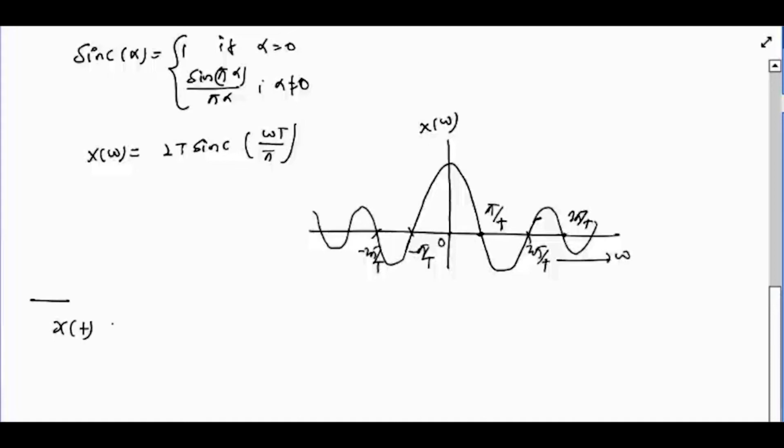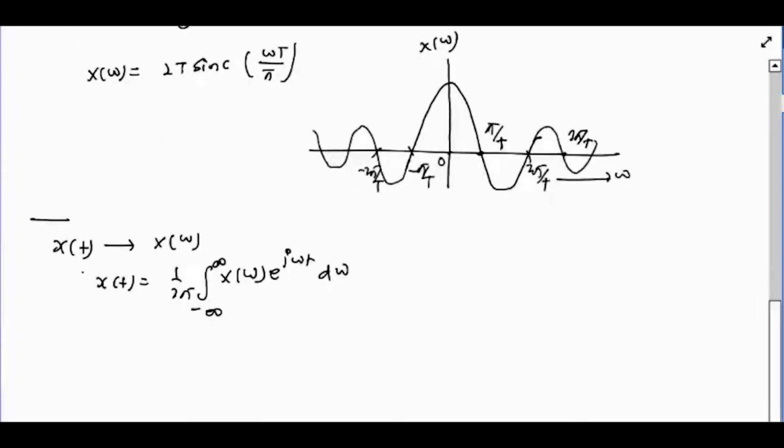If x(t) has Fourier transform X(omega), then I can retrieve x(t) from X(omega) by the following operation. x(t) is 1 over 2 pi times the integral from minus infinity to infinity of X(omega) e raised to j omega t d omega.